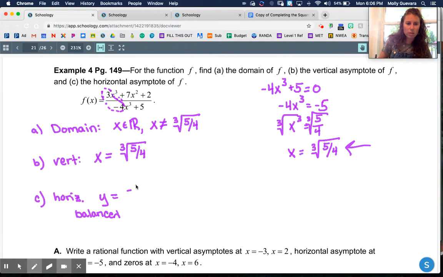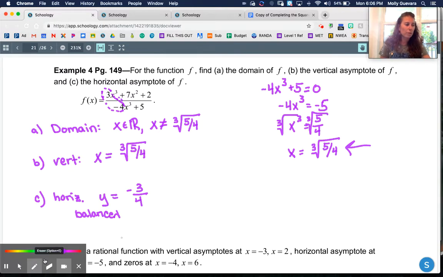So the equation is y equals -3 over 4. And I just moved the negative to the 3. But you can write it 3 over -4. Okay, so again, I found the domain, the vertical asymptote, the horizontal asymptote. It doesn't ask me for anything else, so I'm done.